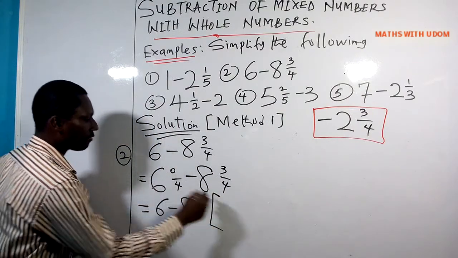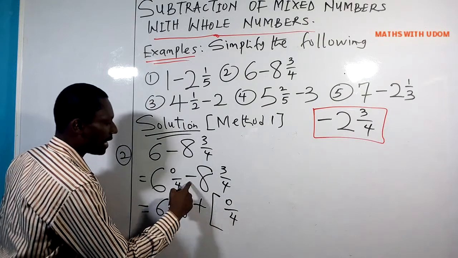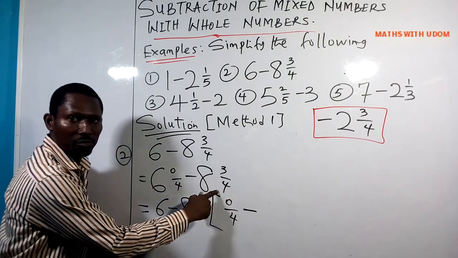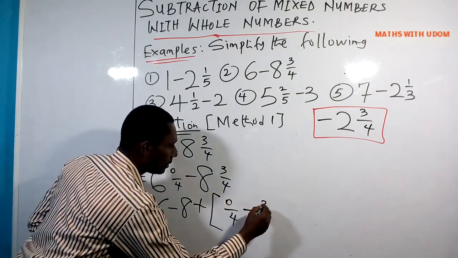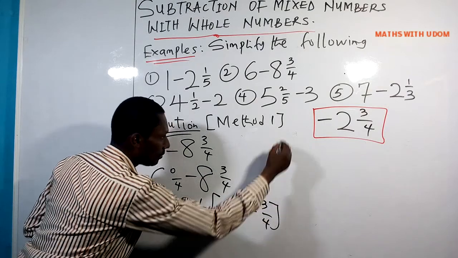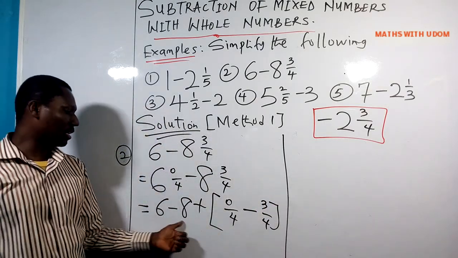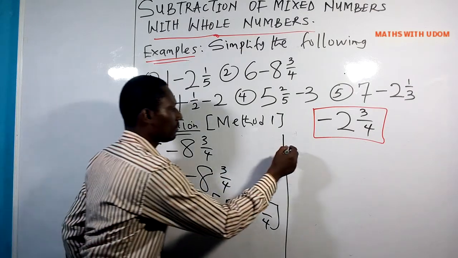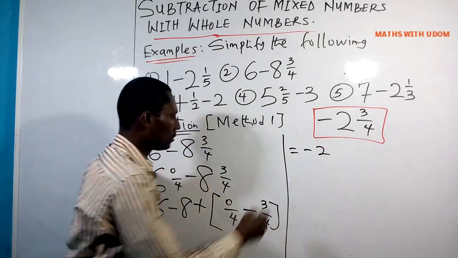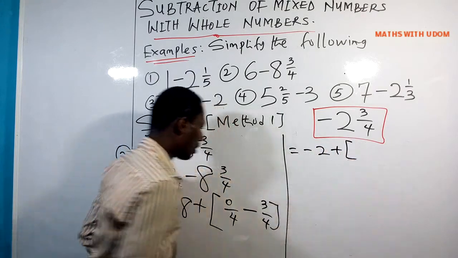So we have 0 over 4 minus 3 over 4. So from there, 6 take away 8. What is 6 take away 8? Will give us minus 2. So we have minus 2 plus the ones in the bracket.